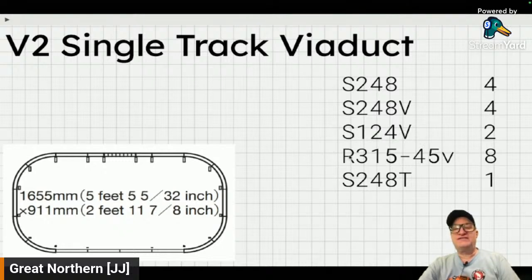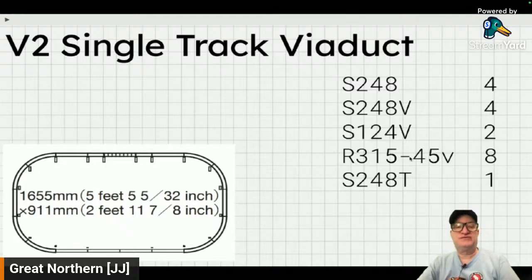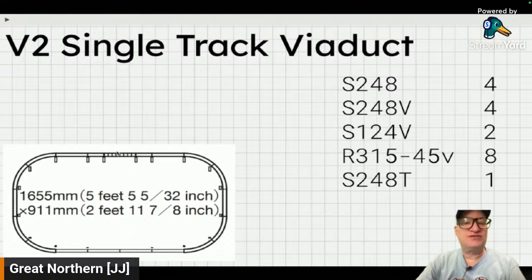There are radius, so R is a curve. So R for radius, and it's a 315 millimeter radius. And this 45 means it's a 45-degree part of the circle. So 2 of those make a 90-degree turn, and you need 8 to make a circle. And then S248T, this is a trestle.